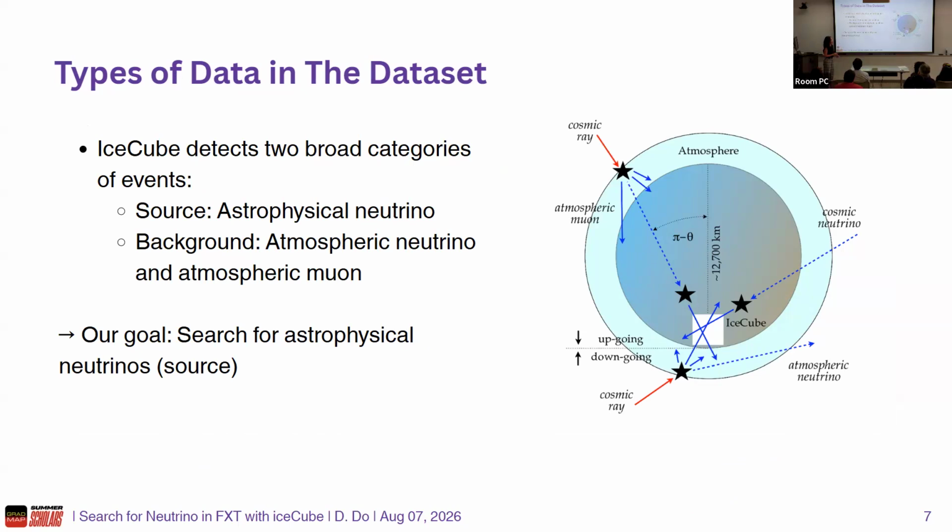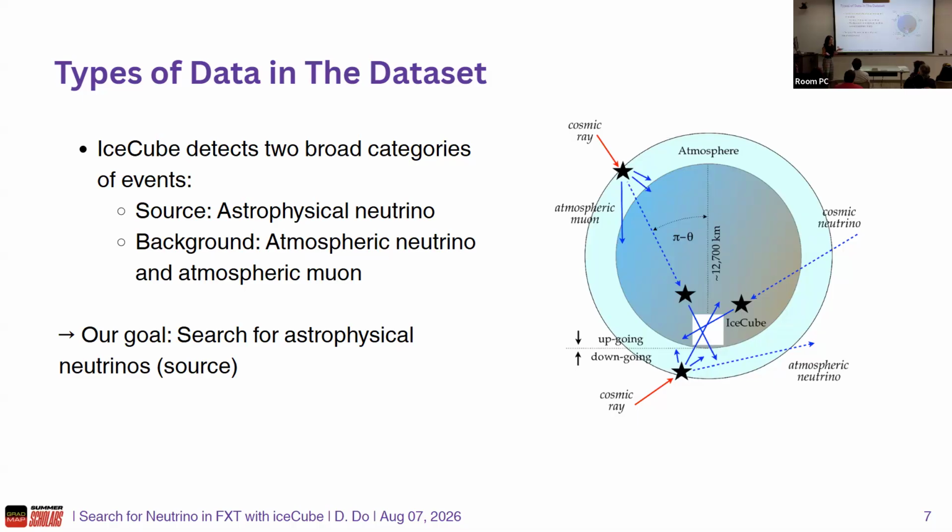The other is background, which are atmospheric neutrinos or atmospheric muons created by cosmic rays. Within the scope of our research, we are only interested in searching for astrophysical neutrinos. So these will be the background data. Astrophysical neutrinos, we also refer to as source.